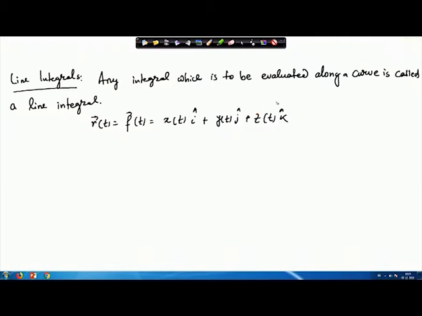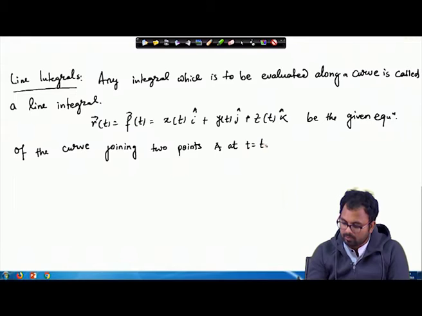Suppose we are integrating along the given equation of the curve joining two points, let us say A at t equals t1, and the second point B at t equals t2.